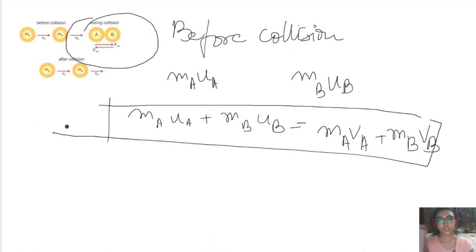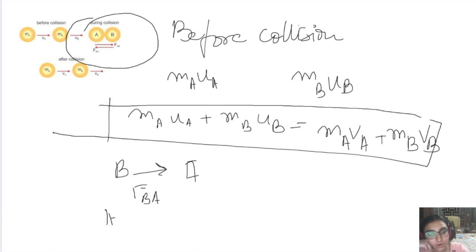Okay, so you have to think like this: even if ball B exerts a force on ball A, which is FBA, ball A also exerts a force on ball B, FAB, right? Still, both the balls are kind of one whole ball in itself.